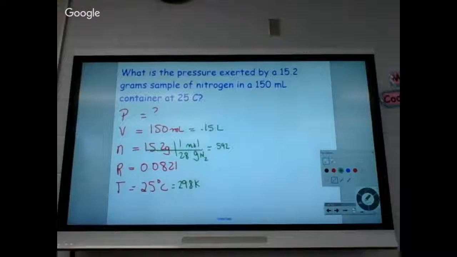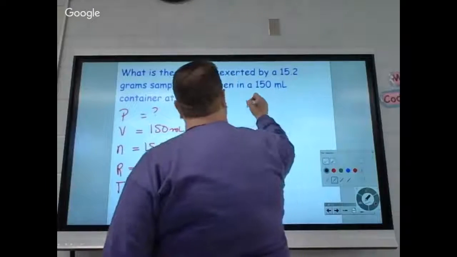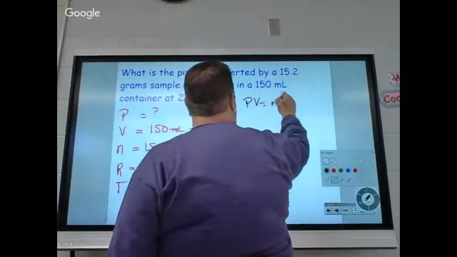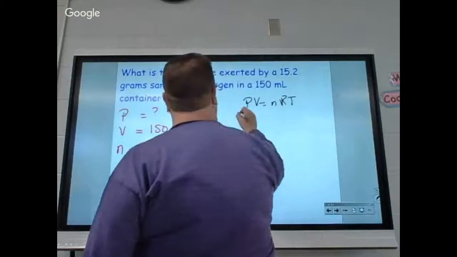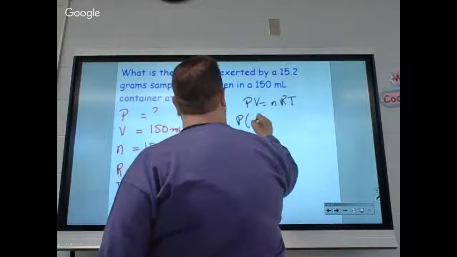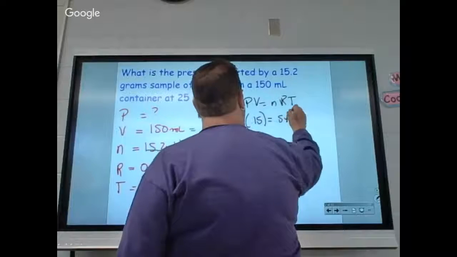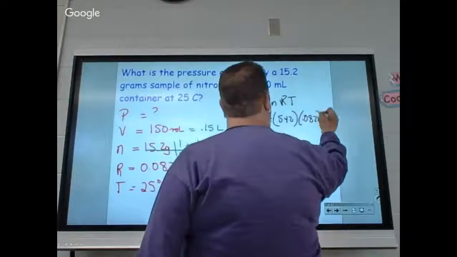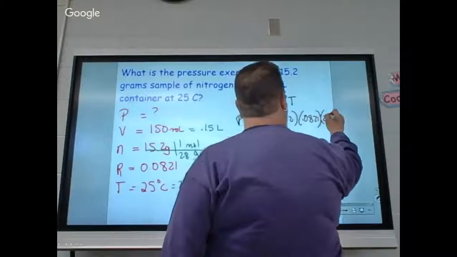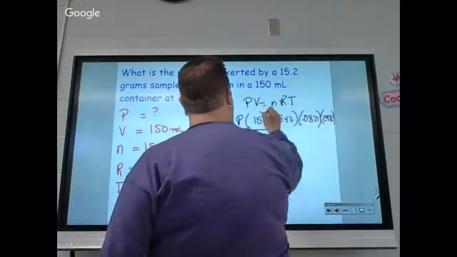Yes, no? Yes? All right, so now the plug and chug portion of the program. PV equals nRT. So pressure we don't know. Volume is 0.15. n is 0.542. R is 0.0821. And temperature was 298. So to solve, I'm going to divide by 0.15.